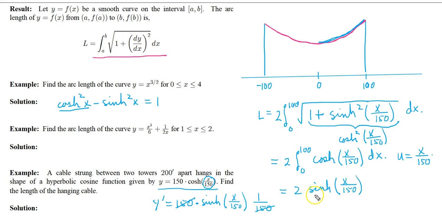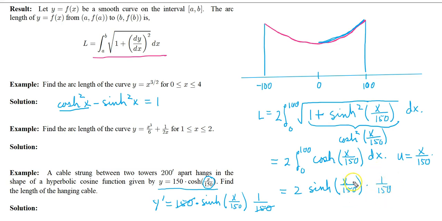So let's think about this. If we differentiate the sinh of x over 150, we'll get the cosh of x over 150, but then we need to multiply by the derivative of the inside, the u term here, which is going to give us 1 over 150. Right? That's what we would get if we differentiate. This would become a cosh, x over 150 times 1 over 150.